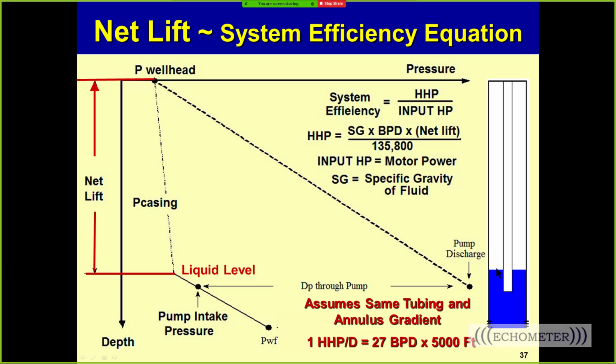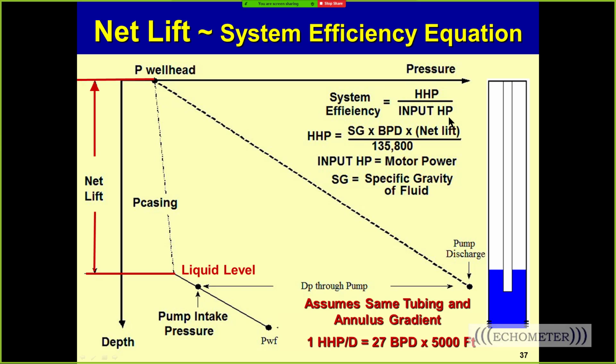And you took 1 barrel of liquid per day, that's a barrel per day. You have to multiply it times the specific gravity of the fluid to get the net lift. Okay, and that becomes the hydraulic horsepower required to lift a barrel of fluid to the surface.